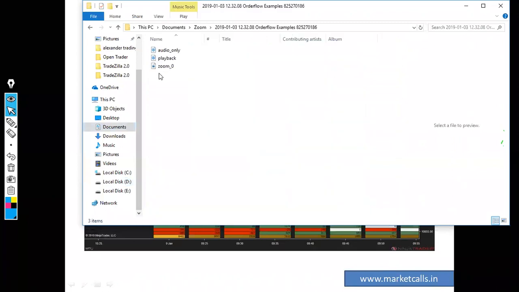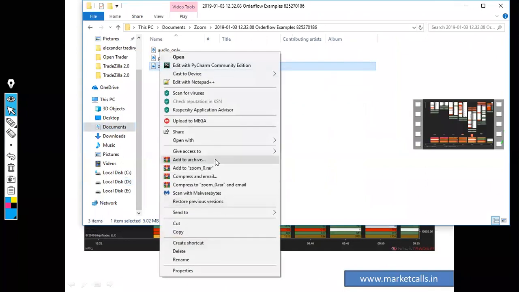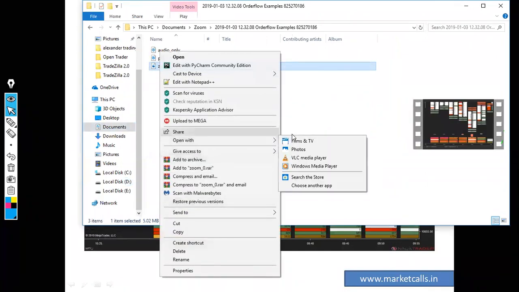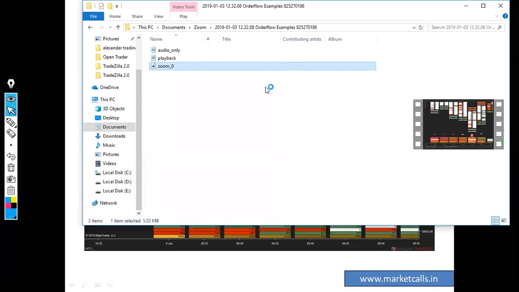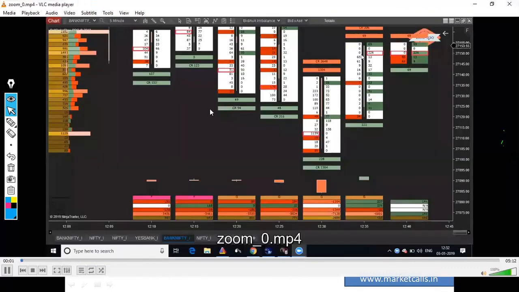This is the one. I think this is the auction generated on 3rd of January, this month.